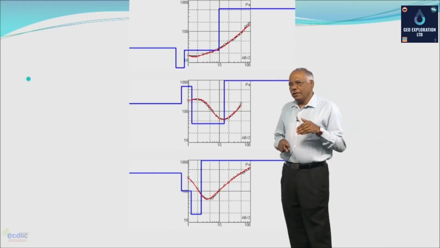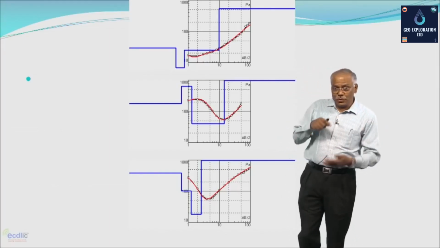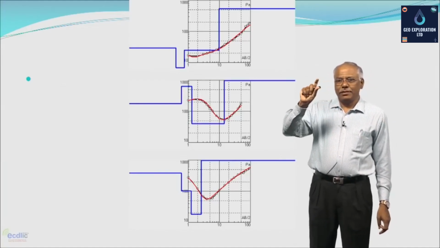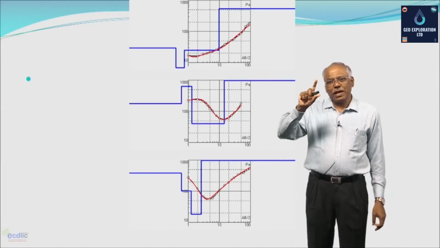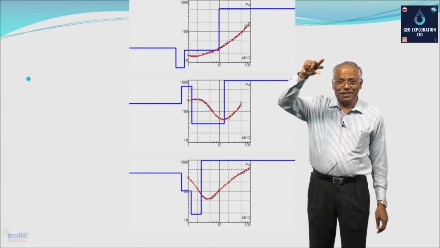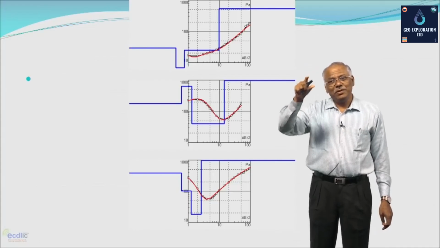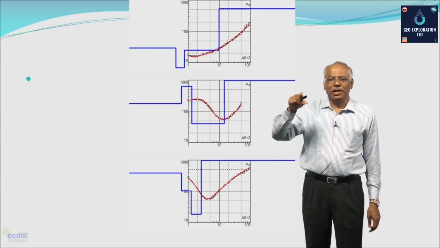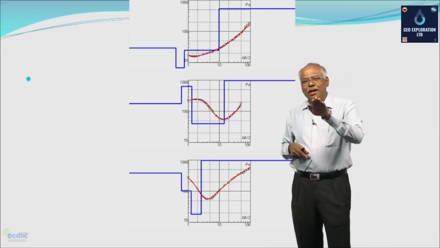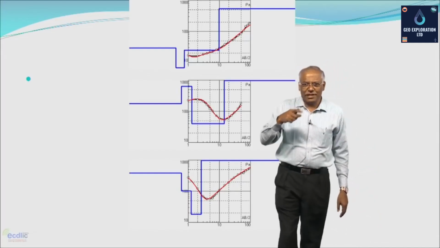In contrast to this, you could get a situation where your top layer, the first layer near the surface, has a resistivity less than the middle layer, and the middle layer has higher resistivity than the lower layer. Therefore, it is a bell type curve, which is just opposite to the H type of curve.